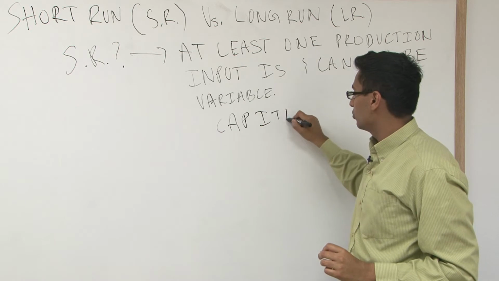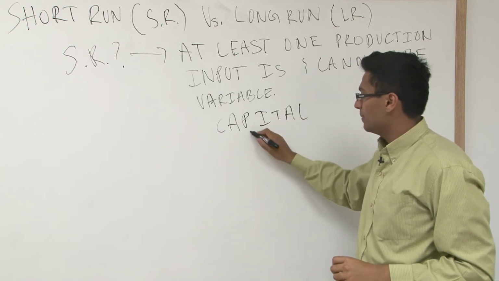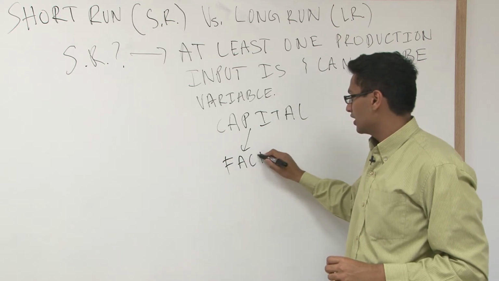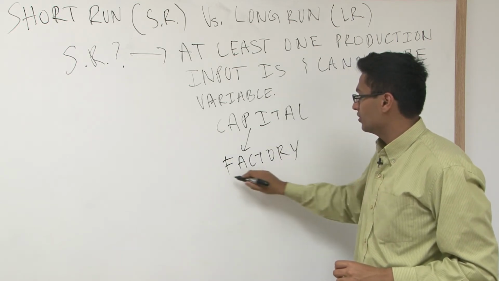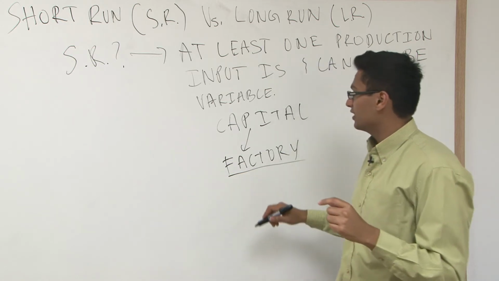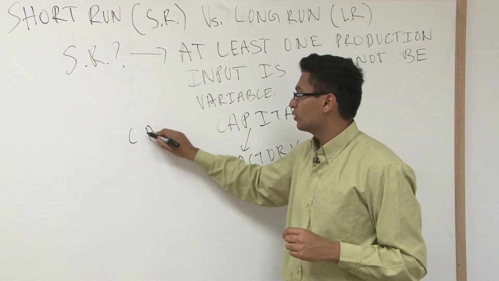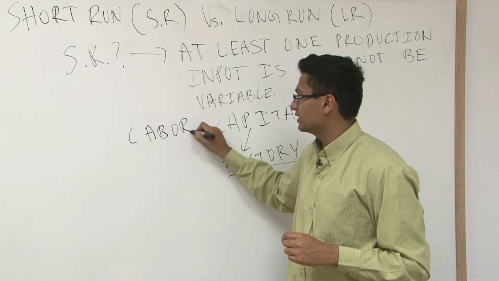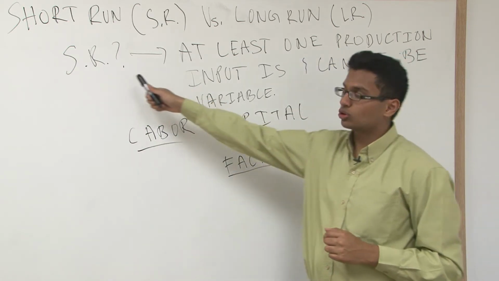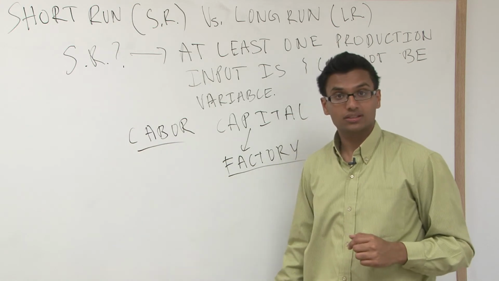What do we mean by that? Think about your factory, think about the utilities that go into this factory. But your labor, on the other hand, the people who are actually printing this thing, can be variable. But capital in the short run is generally fixed.